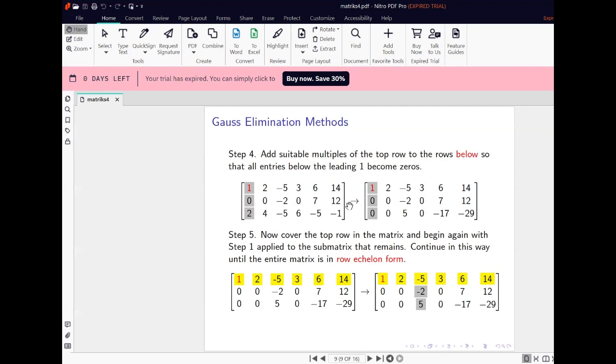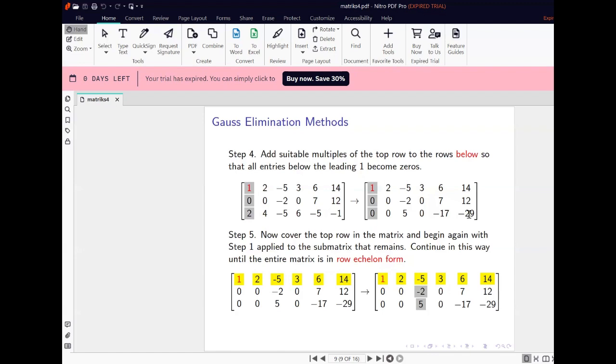So we have here -2 plus 2 is equal to 0. -2 times -2 multiplied with 1 is equal to 0. -2 times 2 plus 4 is equal to 0. -2 times -5 plus -5 is equal to 5. -2 times 3 plus 6 is equal to 0. -2 times 6 plus -5 is equal to -17. And -2 times 14 plus -1 is equal to -29.